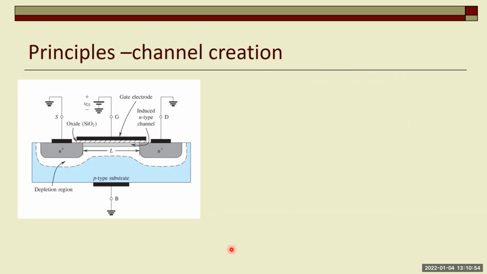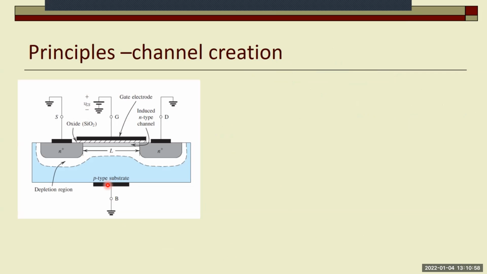When we come to the principles, we have a base which is connected to the source. The substrate is here. If the substrate is of p-type, that's NMOS. If the substrate is of n-type, it's PMOS. And it's totally symmetrical. The pins are source, gate, and drain.